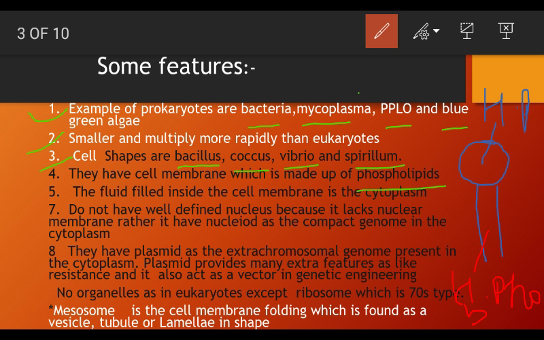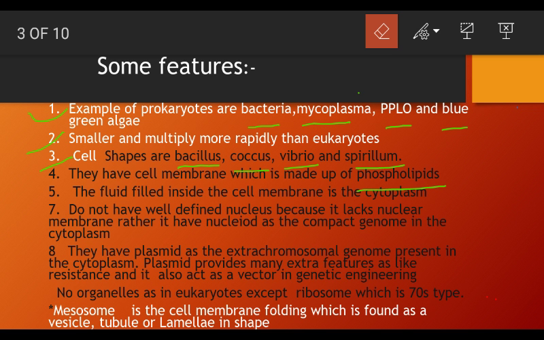So they repel water whenever they come in contact with it, right? As you know, a lipid, for example oil, also repels water. If you put a drop of oil on water, it will float and not mix with it, right? In the same way, in the phospholipid structure, the lipid, that is the fatty acid, repels water and is hydrophobic in nature, while the phosphate is hydrophilic in nature.